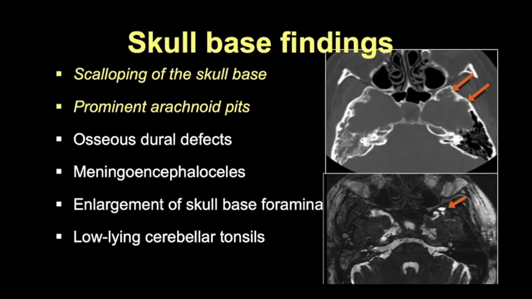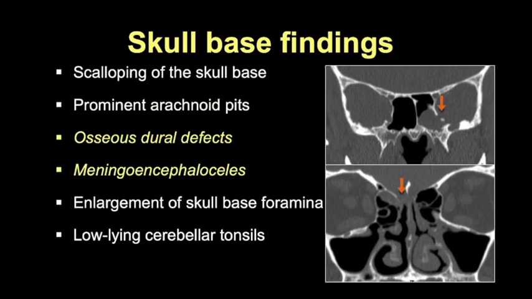In IIH patients, you can often see scalloping of the skull base and lobulated, prominent T2 hyperintense arachnoid pits and granulations, often seen along the anterior middle cranial fossa and sphenoid wing. Multiple skull-base osseous dural defects are extremely common, if not almost entirely seen in these patients, often associated with meningoencephaloceles.